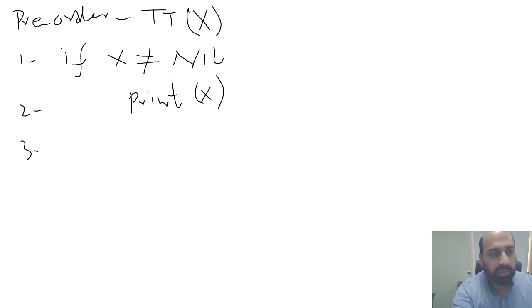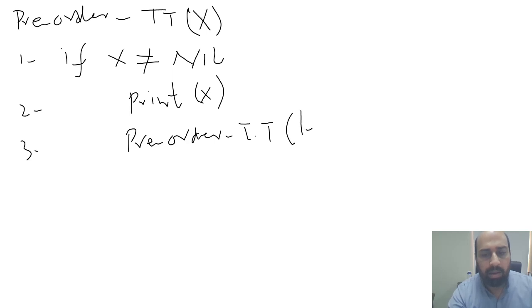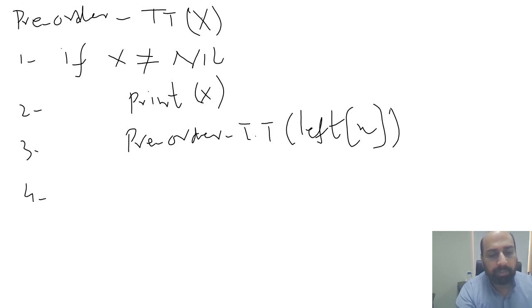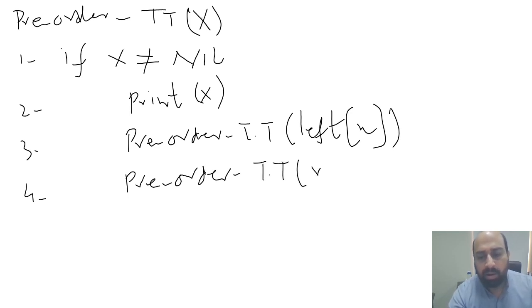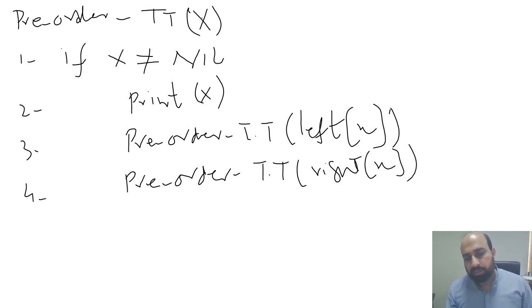So I am going to call pre-order traversal recursively on the left of x, and then the same will happen for the right-hand side: pre-order traversal on the right of x. That's how it works, and this is the simple algorithm for that.